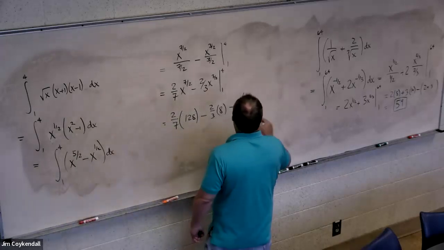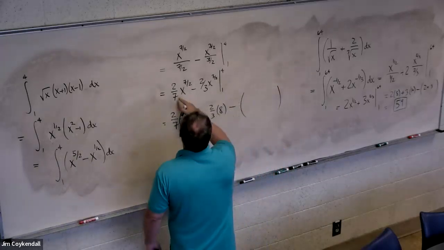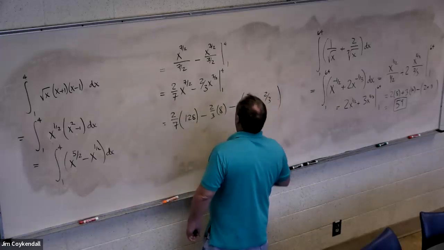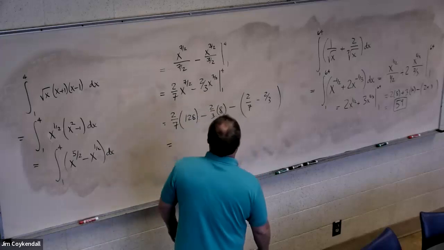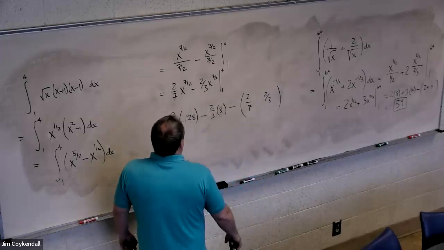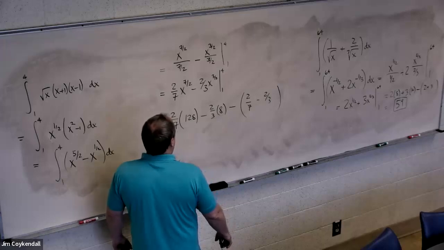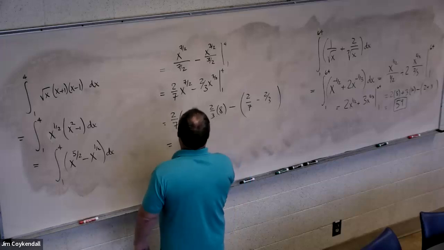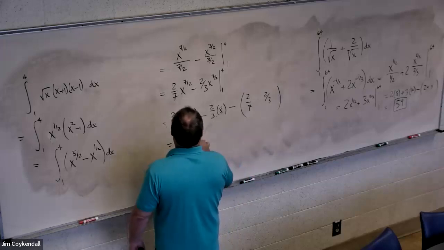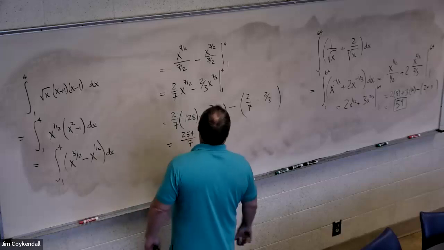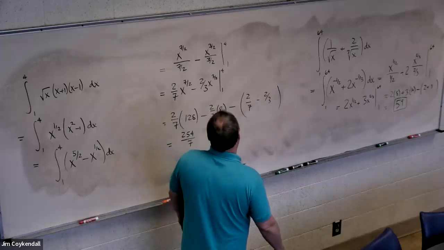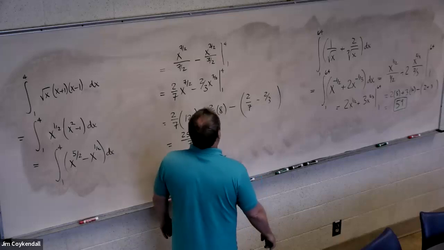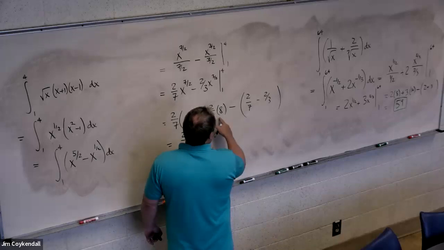Minus, when I put in 1, I get 2/7 here and 2/3 here. So this is going to be 256/7 minus 2/7, which is 254 over 7, and then minus 16/3 and plus 2/3.